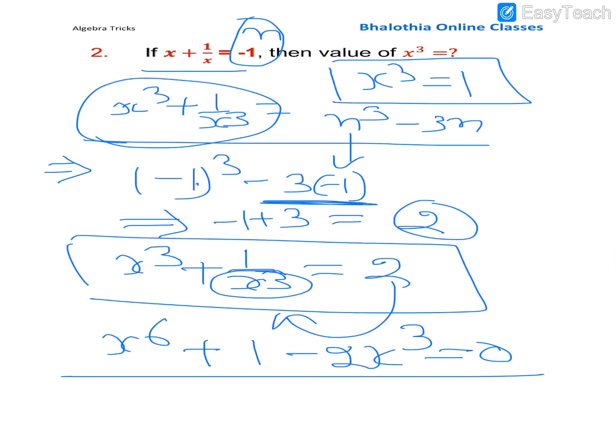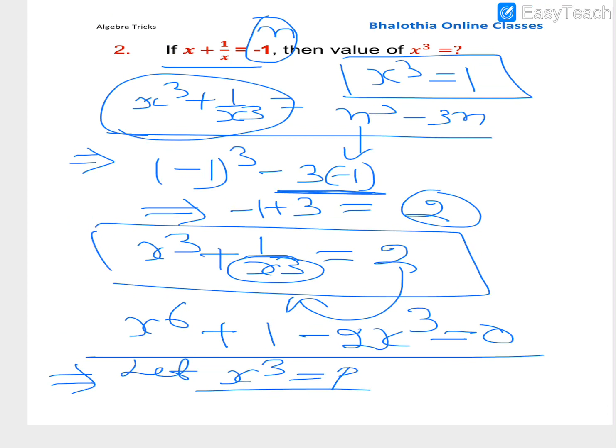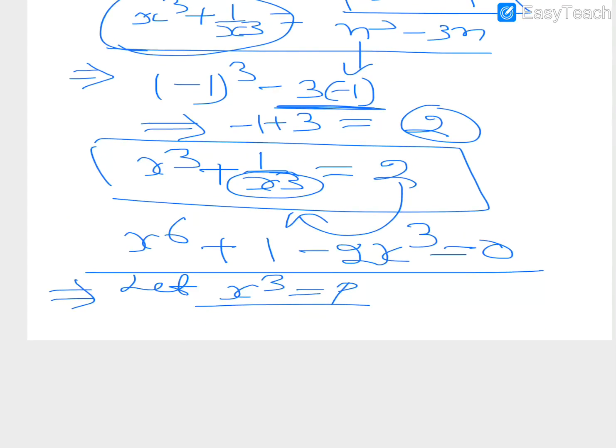We just took the LCM and then moved this 2 to the left hand side. And here also, again let x cube equal to p. If we assume x cube equal to p, then it will become p square plus 1 minus 2p equal to 0.